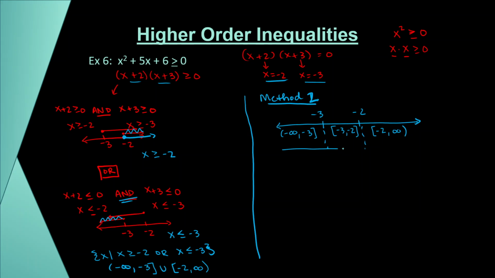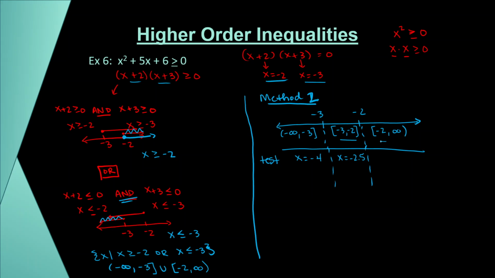And then all we're going to do is test. Okay, so we're going to test some number. So let's say we choose something between negative infinity and negative 3, so maybe negative 4. I'm going to choose a number between negative 3 and negative 2, so maybe negative 2.5.